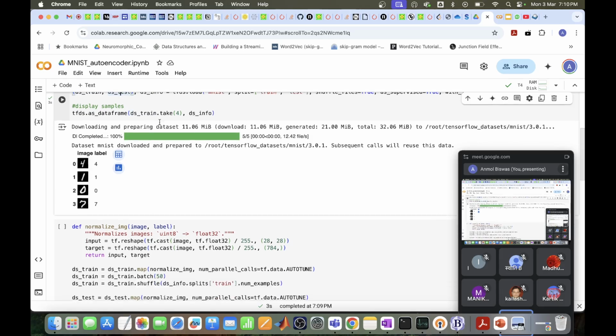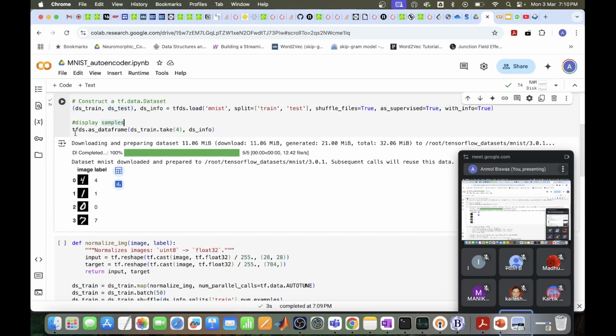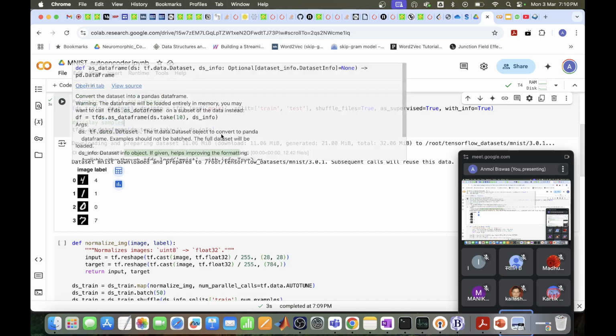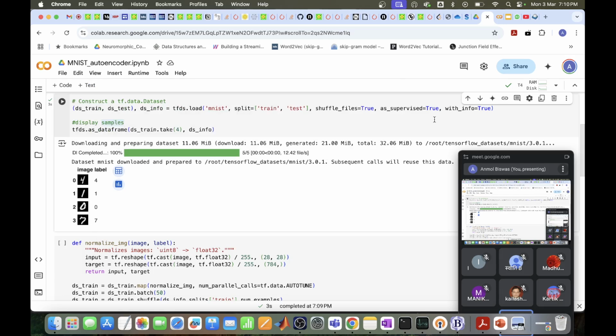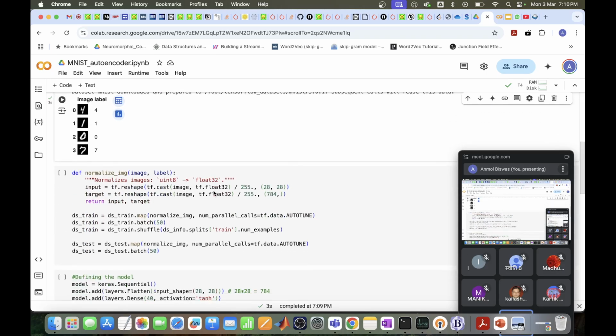And then we display four of these samples. So you have images of handwritten digits and their labels alongside, because MNIST is actually a classification dataset benchmark, where you classify images and say what digit is present inside them.